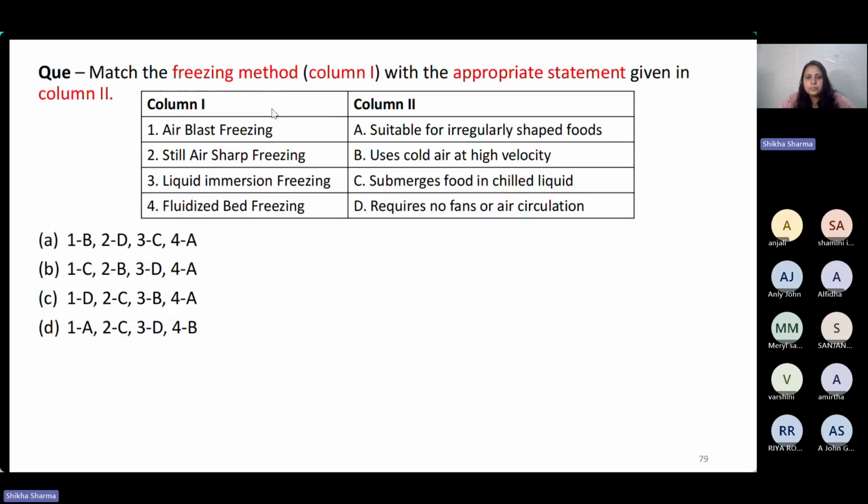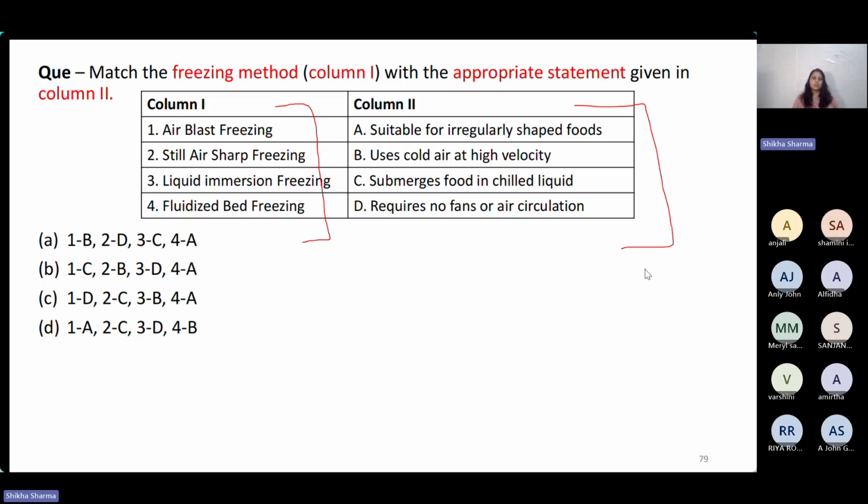So, in column 1, we have 5 methods of freezing: air blast, still air, sharp freezing, liquid immersion, and fluidized bed freezing. And in column 2, we have their appropriate statements: suitable for irregularly shaped food products, uses cold air at high velocity, submerges food in chilled liquid, and requires no fans or air circulation. So this question is very easy.